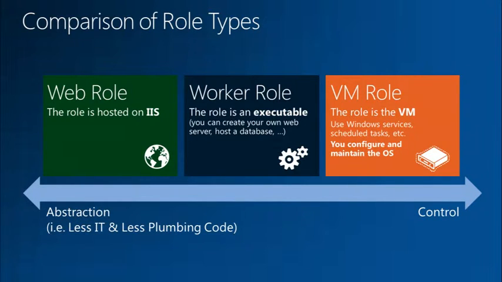And the final one is called the VM role. This is a little bit different from a virtual machine in the traditional sense, or something like you'd experience with Amazon AWS. This is a non-persistent VM role. What that means is you can configure your virtual machine, your VHD, to be exactly what you want it to be, and you can upload that into Windows Azure and run it.